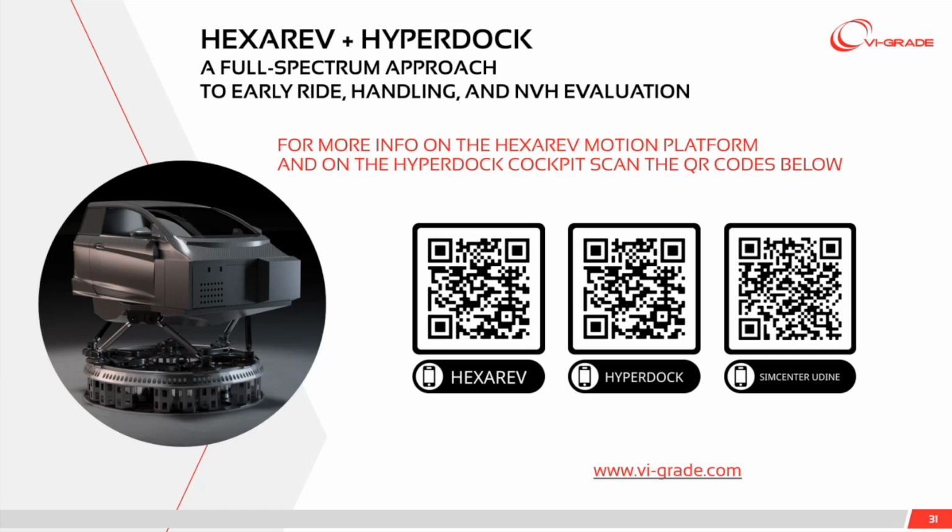For the touch points vibration instead, as I said, there can be multiple approaches. The standard one is to use the hub accelerations and through transfer functions translate these hub accelerations to the local touch points vibration.